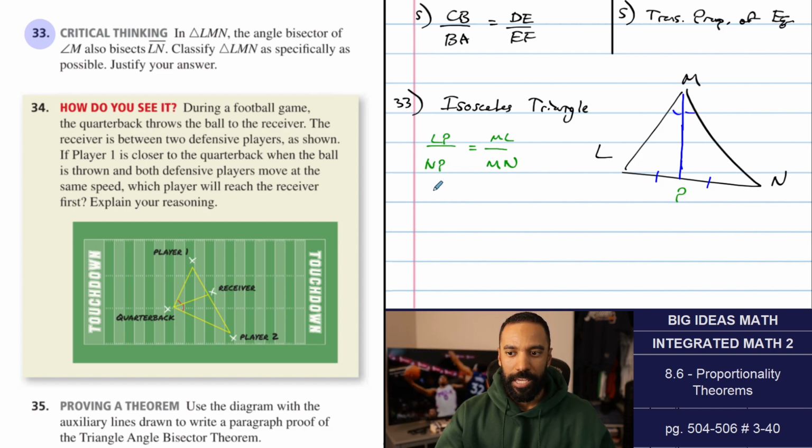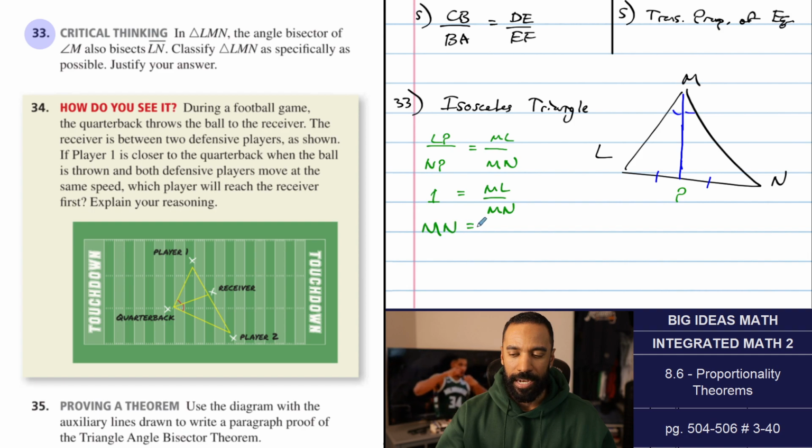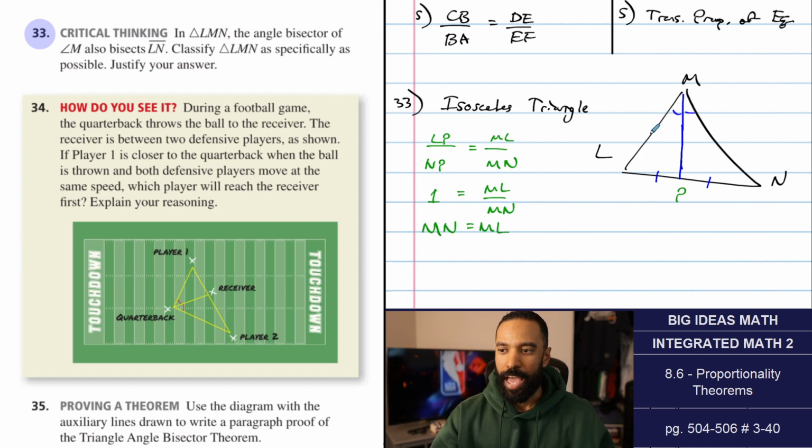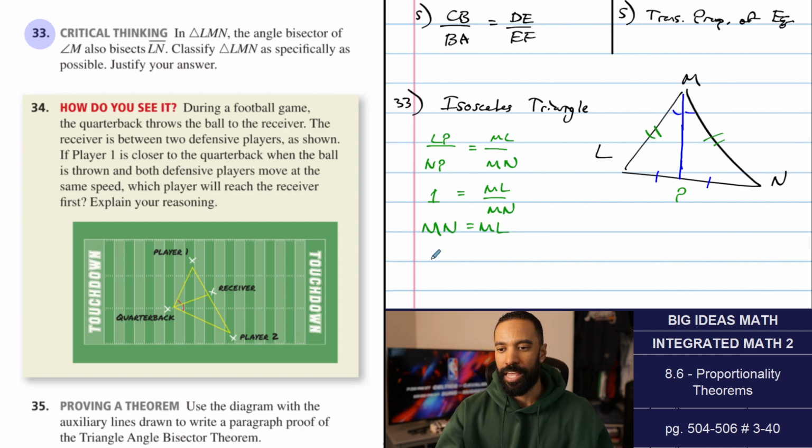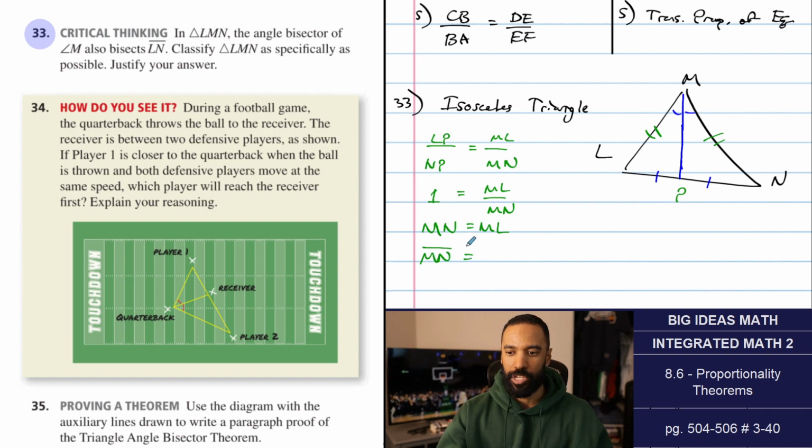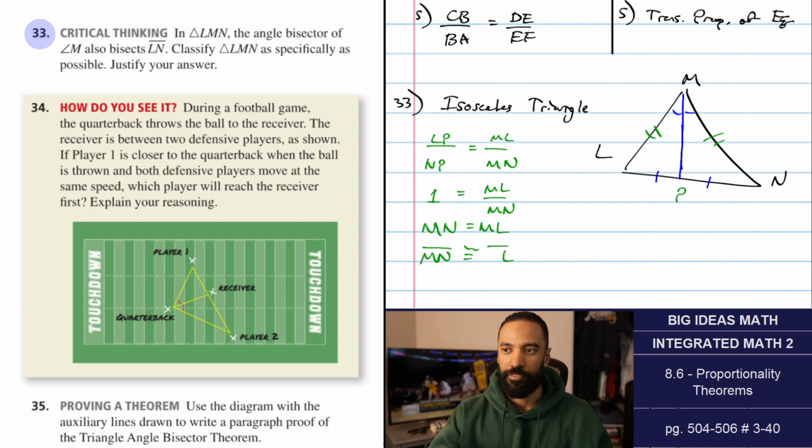LP over NP equals 1 because they're the same. So ML over MN equals 1, and multiply both sides by MN, you get MN equals ML. If MN equals ML, then segment MN is congruent to ML, which is also what isosceles triangles do. So that's my justification right there, using the proportionality.